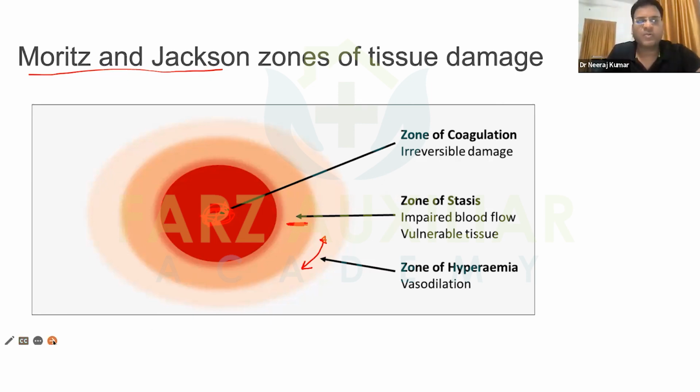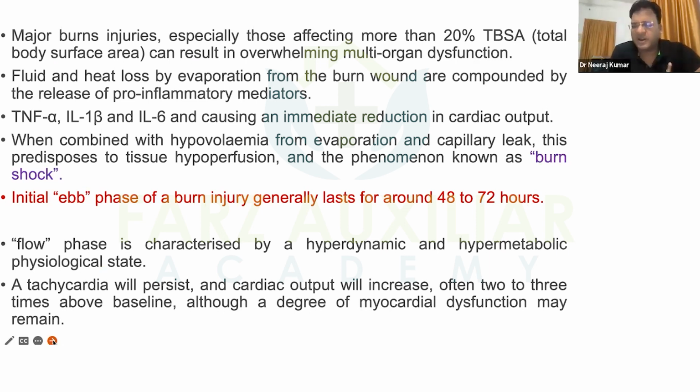Now coming to the next part, related to a few mediators, because I thought they might ask how much total body surface area constitutes a major burn. If it is more than 20% of TBSA, it can not only cause a major burn, but it can cause overwhelming multi-organ dysfunction, MODS.